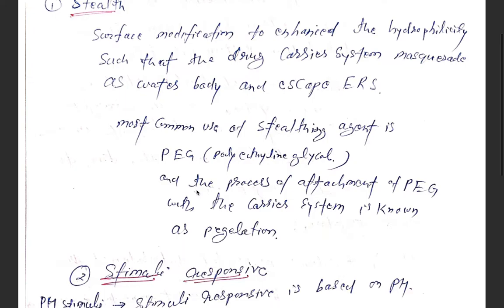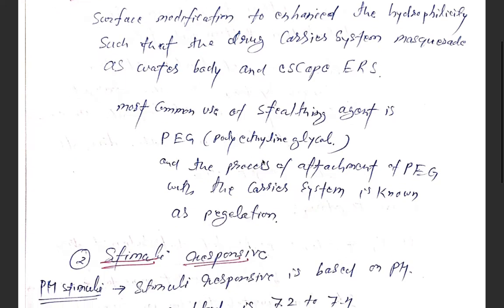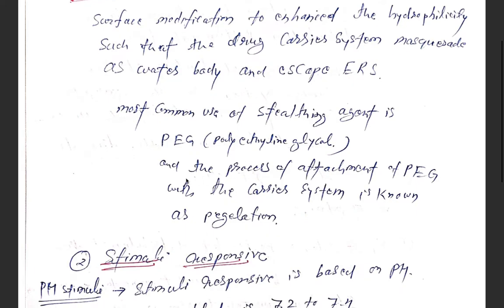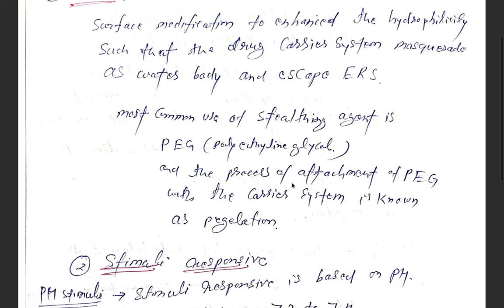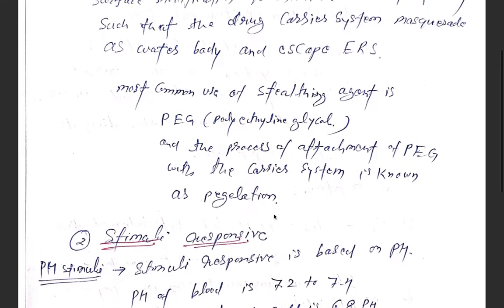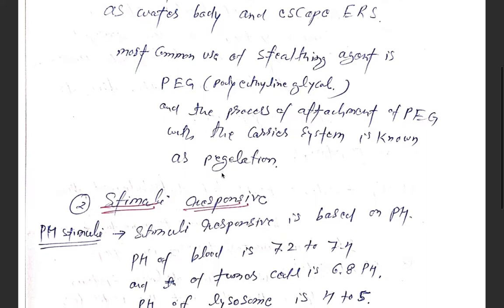The most common stealth agent is PEG, polyethylene glycol, and the process of attachment of PEG with the carrier system is known as PEGylation.